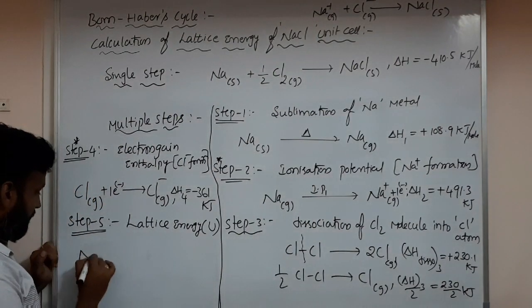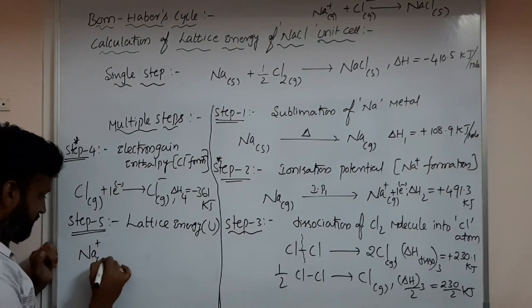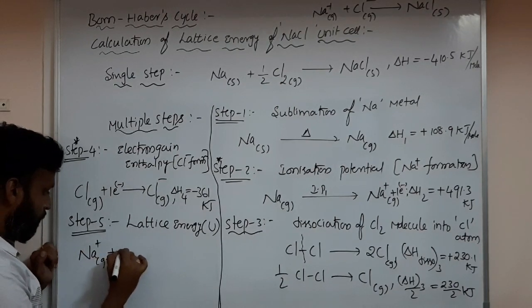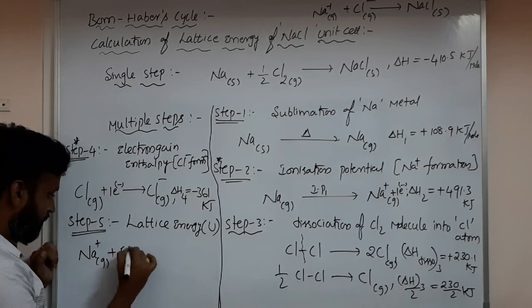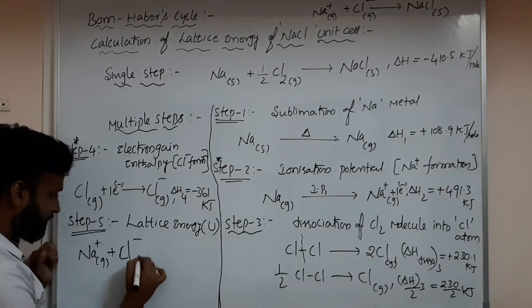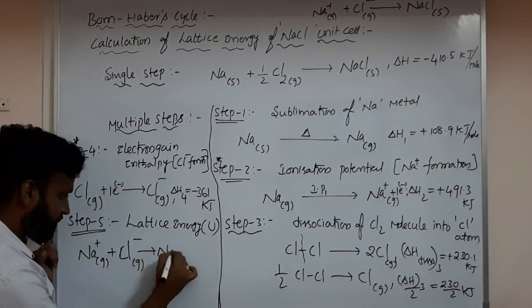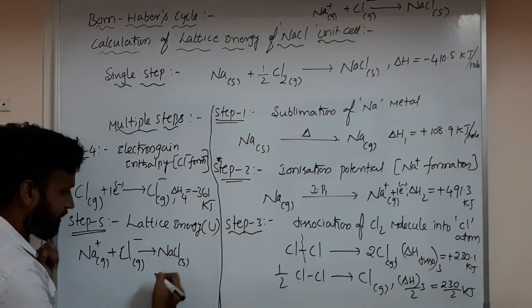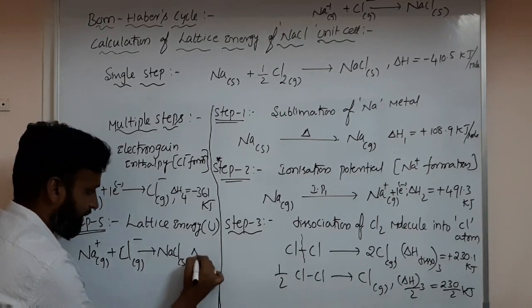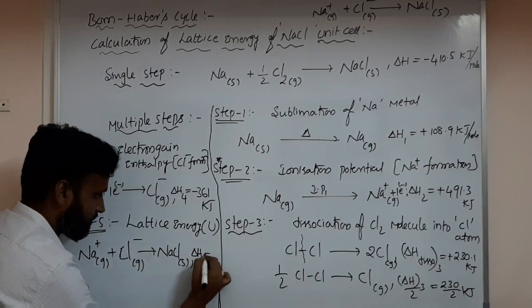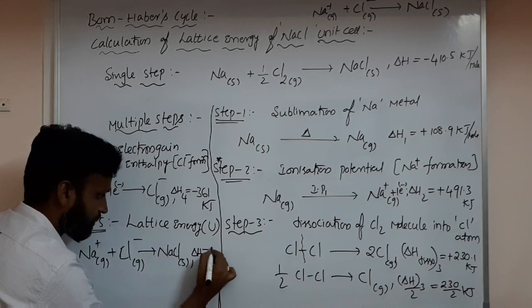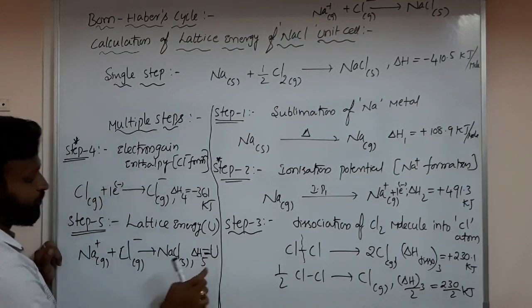So 1 mole of Na plus gaseous state plus 1 mole of Cl minus gaseous state forms NaCl solid. This is the fifth step, and delta H5 is equal to U.